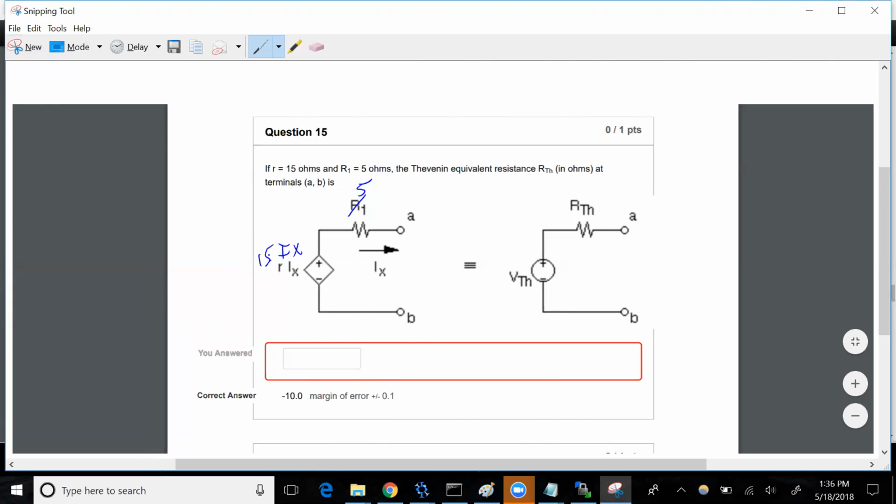It's a voltage source of 15 IX. But IX is going out. So the natural thing to do would be to plug maybe a 1 amp current source flowing in, right? And then we have to figure out what V is using passive sign convention, assuming that network is a passive network.